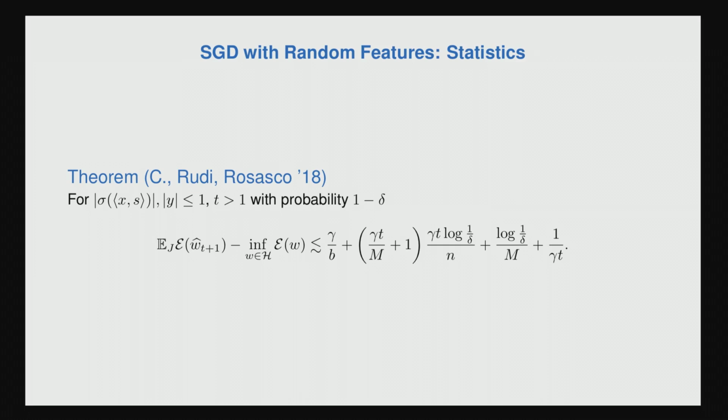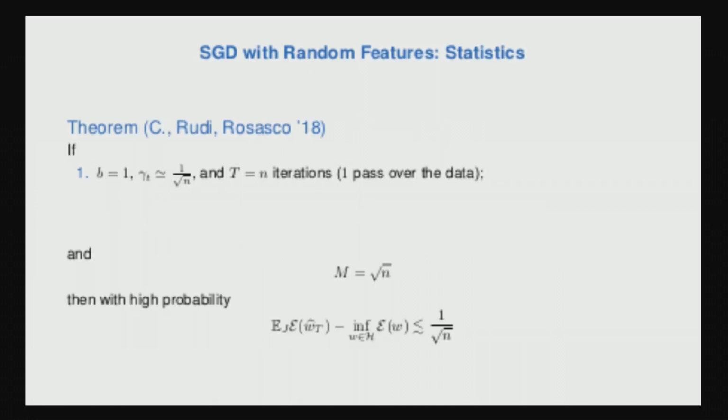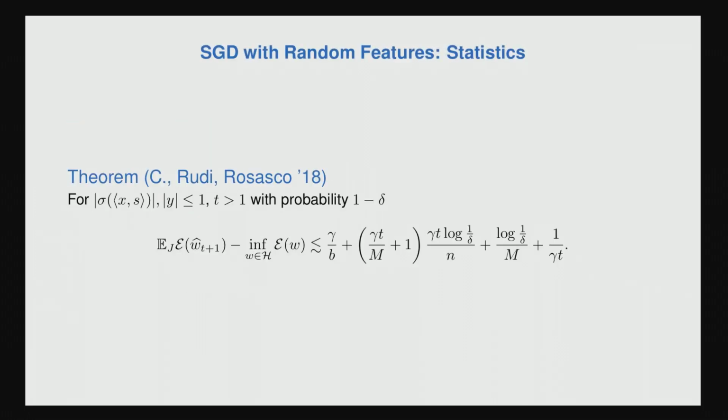So in particular, the step size, the batch size, the number of iterations, the number of random features. And so now the question that follows is, how can I pick these parameters here in order to have the smallest error possible? And then what's going to happen in terms of computational complexities if I do these choices or not?